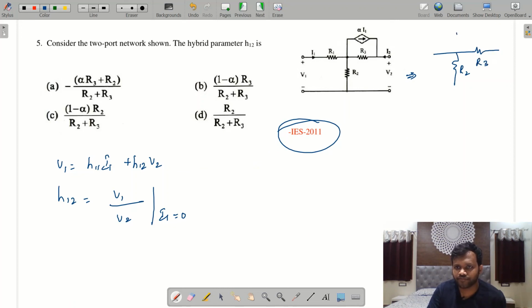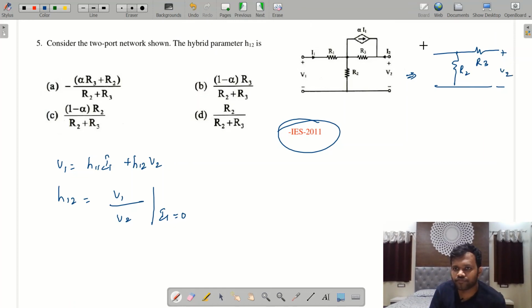R3. As I1 equal to 0, the alpha into I1 term will also be 0. This is my V1.